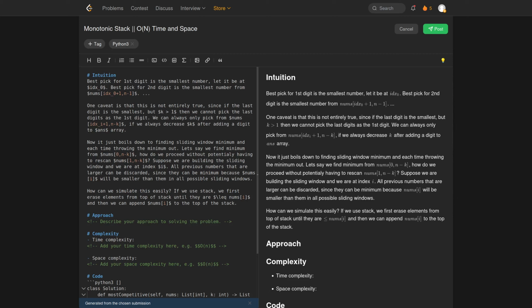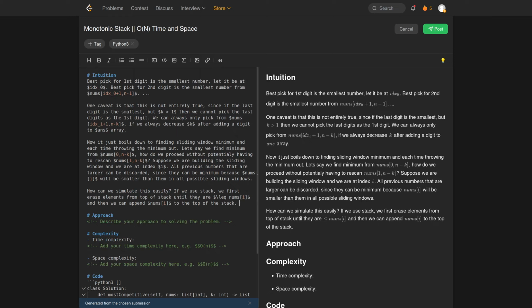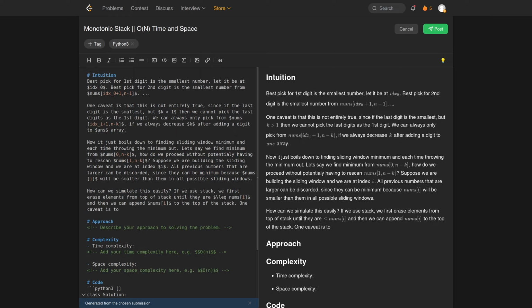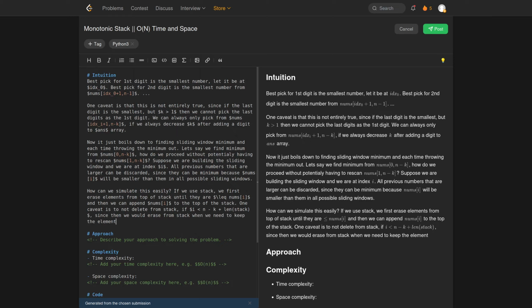Okay. We increase the size of the stack like this until we have, okay, so one caveat is to not delete from the stack if n minus k plus len of stack is less than i, since then we would erase from the stack when we need to keep the elements.